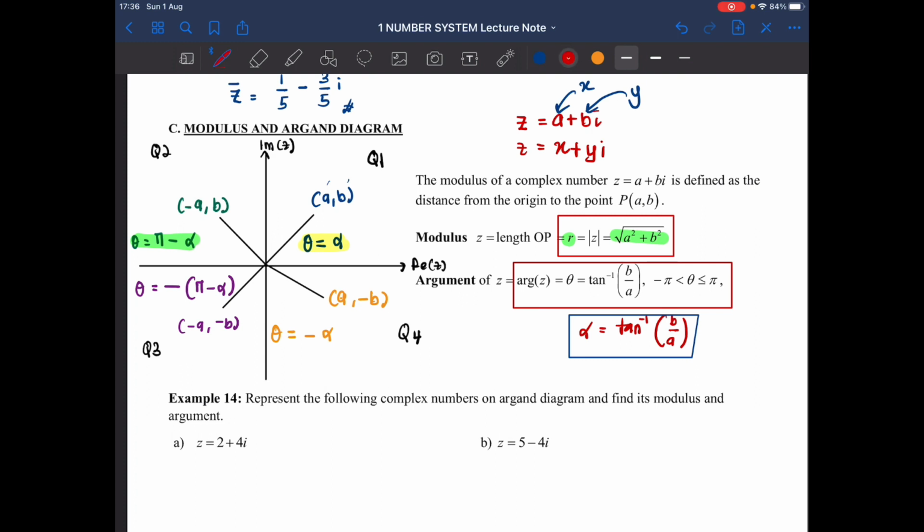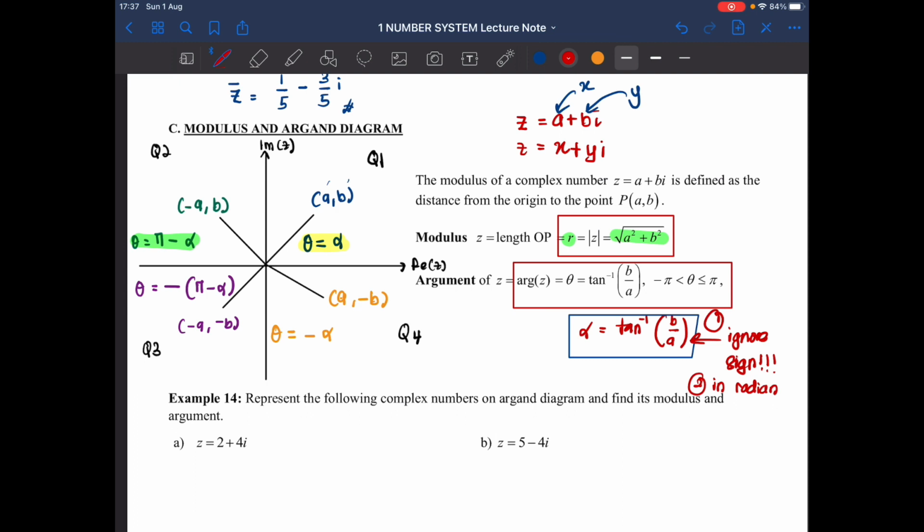What we have to do is, when you calculate your alpha, we're just gonna ignore the sign for A and B. So that's the first thing when you do your modulus or polar form. And the second thing is when you calculate your argument, it must be in radian. You have to change your calculator mode to radian. So that is two things that is important to find the argument and modulus.